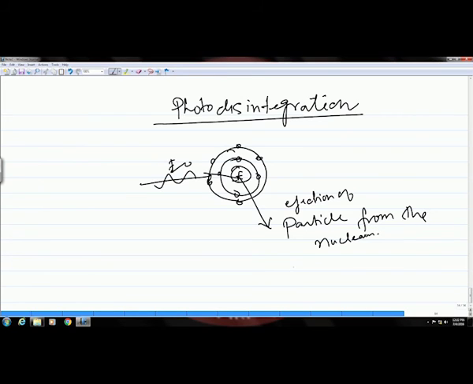And this particle is known as nucleon. And this can happen when the X-ray can have enormous amount of energy.